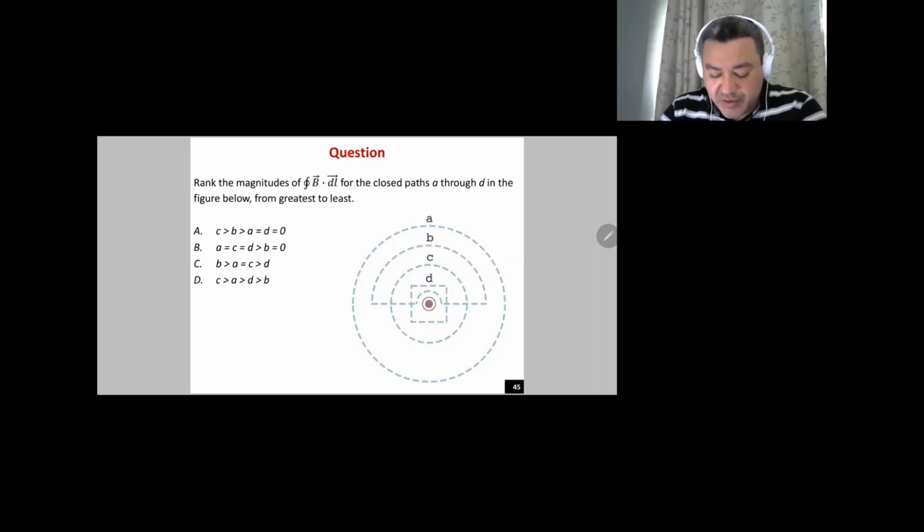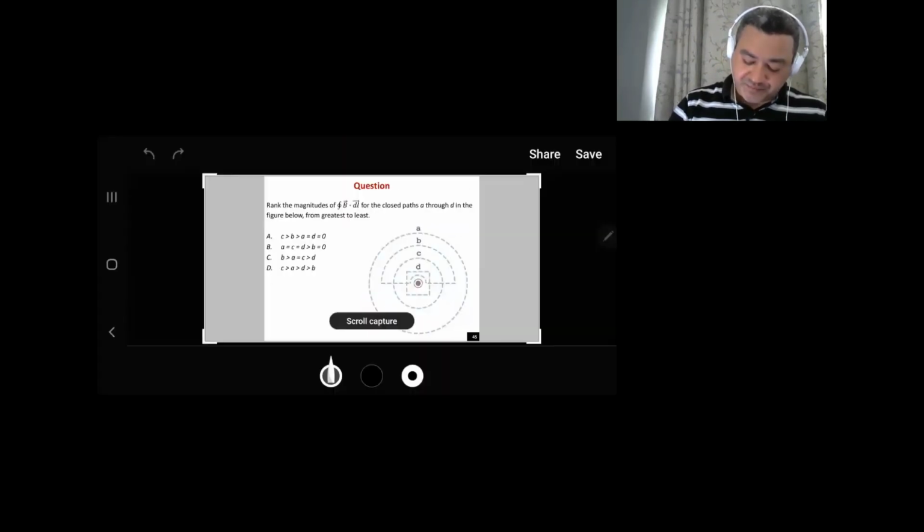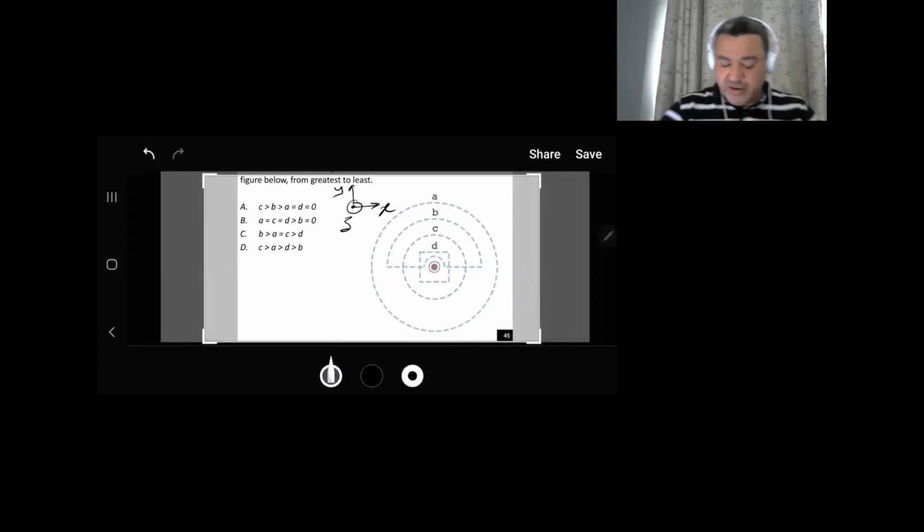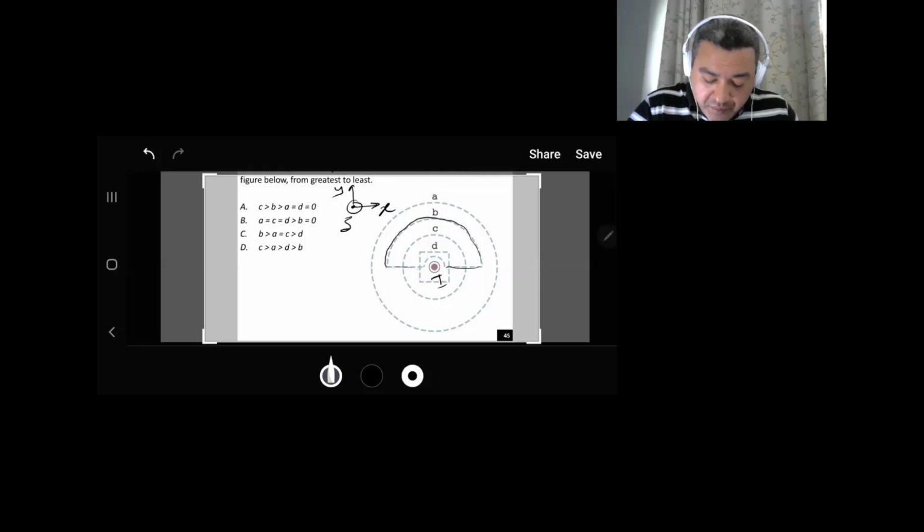All of them are enclosing this current I. If I take my coordinates, for example, to be x, y, and z, then all of them are enclosing this current I, except for path B. Path B does not enclose the current I, which makes A, C, and D equal, and all of them are greater than B, which is 0.